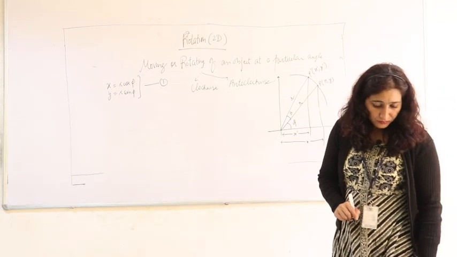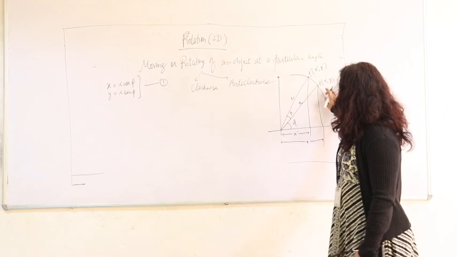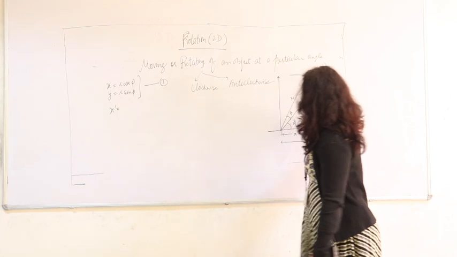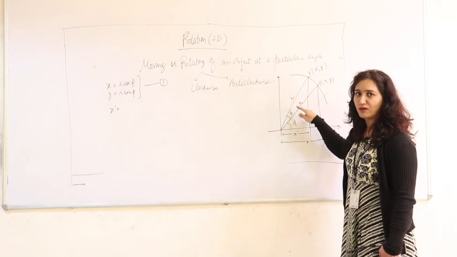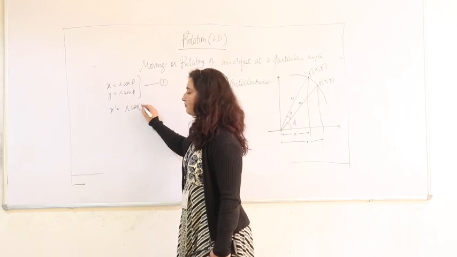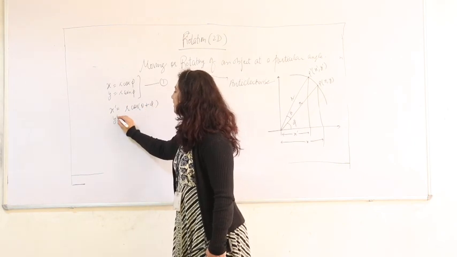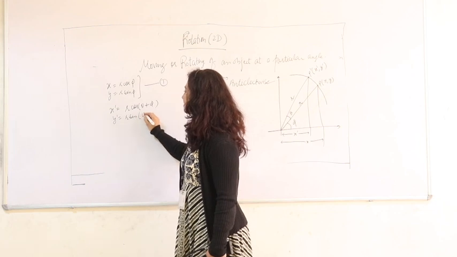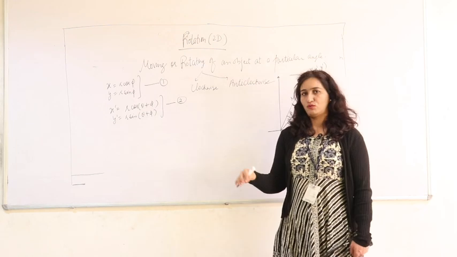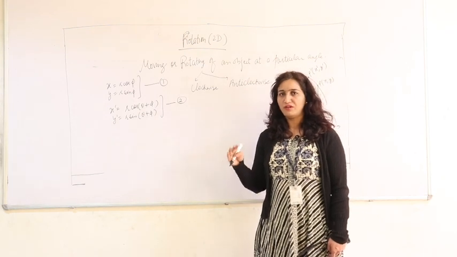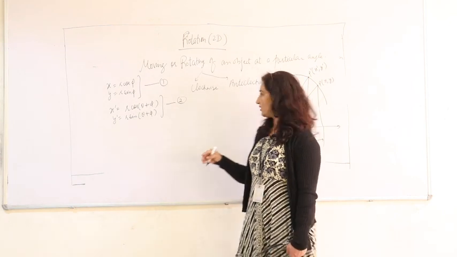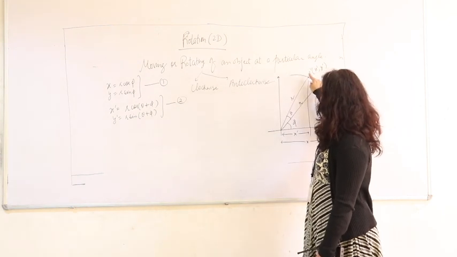Here x dash is making the combination of two angles, theta and phi. So x dash is equal to r cos of theta plus phi, and y dash is equal to r sin of theta plus phi. This is the second equation. So what we have to derive here is the anti-clockwise rotation.